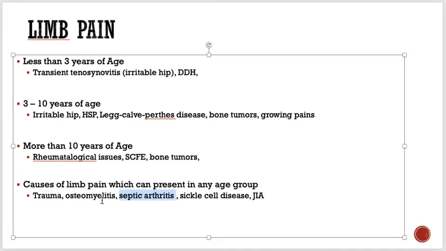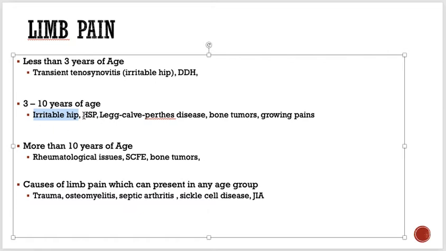But of course, there will be too much fever, the child looks sick, and all the rest, right? But if the baby has irritable hip, guys, the child is going to recover from it without any complication, and will be fine after 7 to 10 days.